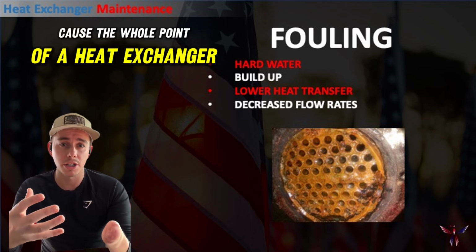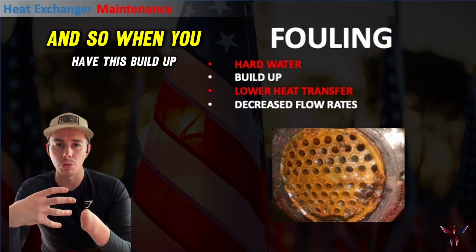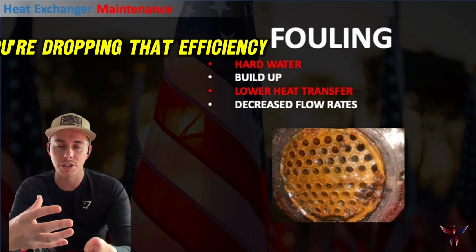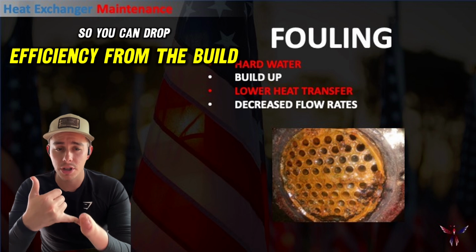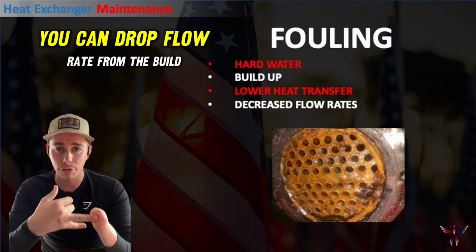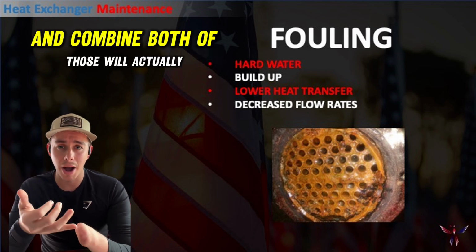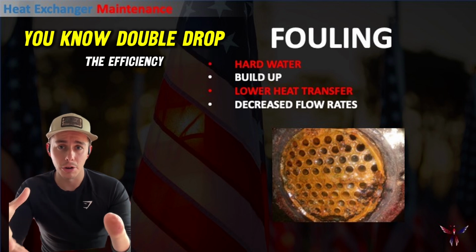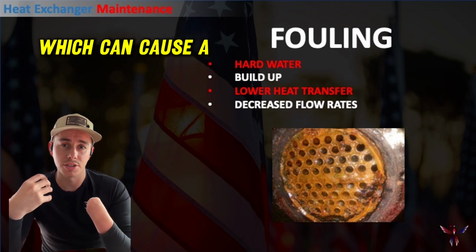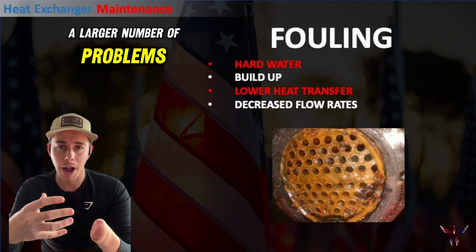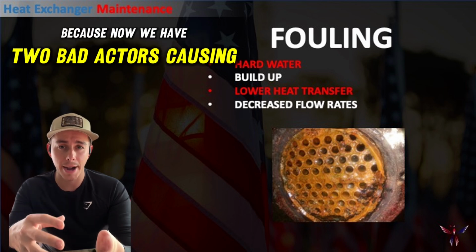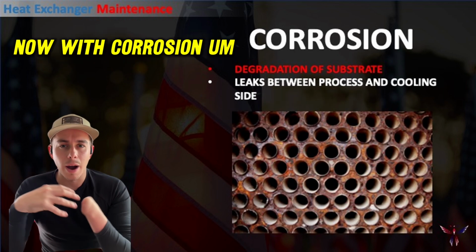Because the whole point of a heat exchanger is to exchange heat. And so when you have this buildup, you're dropping that efficiency. So you can drop efficiency from the buildup, you can drop flow rate from the buildup, and combined, both of those will actually double drop the efficiency, which can cause a larger number of problems because now we have two bad actors causing issues.